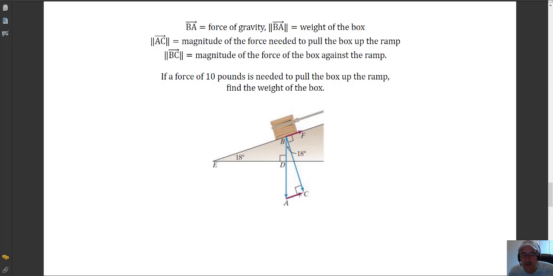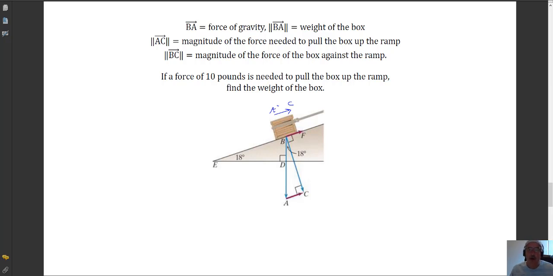So notice this vector here, if we were to take and slide it, we could also say that would be AC kind of going this direction as well. So that's the beauty of vectors here. All right, the magnitude BC here is the magnitude of the force of the box against the ramp.